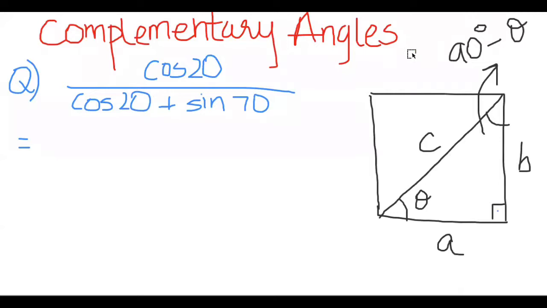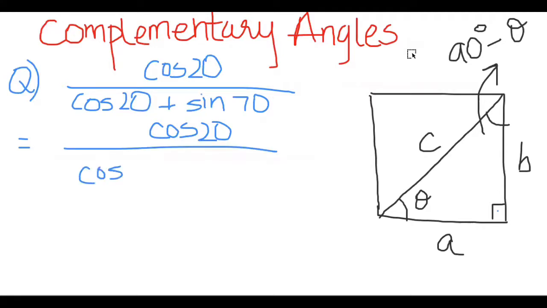Let's attempt a question that involves these identities. The question that we have on the screen is cos 20 divided by cos 20 plus sine 70. Now, if we want to convert this sine to cos, we will simply note that sine 90 minus 20 makes sine 70, and we know that sine 90 minus theta will be equal to cos theta, so cos 20.